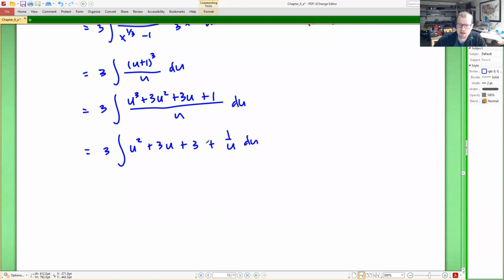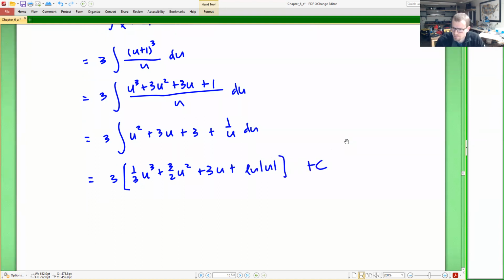Now I'm integrating a polynomial and 1 over u, which is just going to give me the natural log. So this is equal to 3 times, when I take the integral, 1/3 u cubed plus 3/2 u squared plus 3u plus the natural log of the absolute value of u, plus c here at the end.